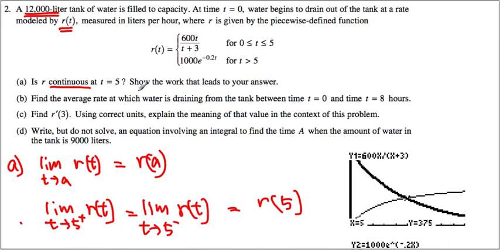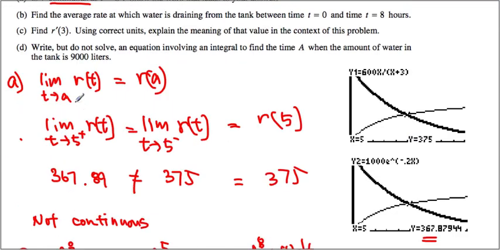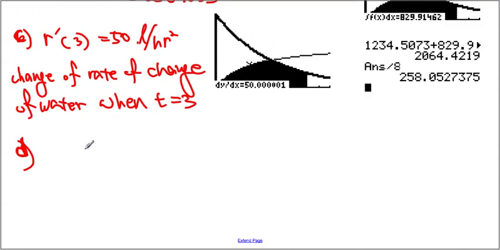Now, since R represents the amount of water that's being drained out, the fact that we have 9,000 in the tank means 3,000 has to be drained out. In other words, we are looking for the integral of R of t dt from t0 through k.